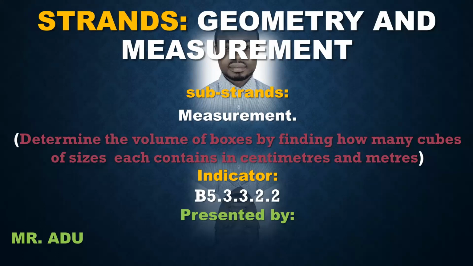So under measurement, we are going to talk about the volume, how to determine the volume of a box by finding how many cubes of sizes each container is in both centimeters and meters.